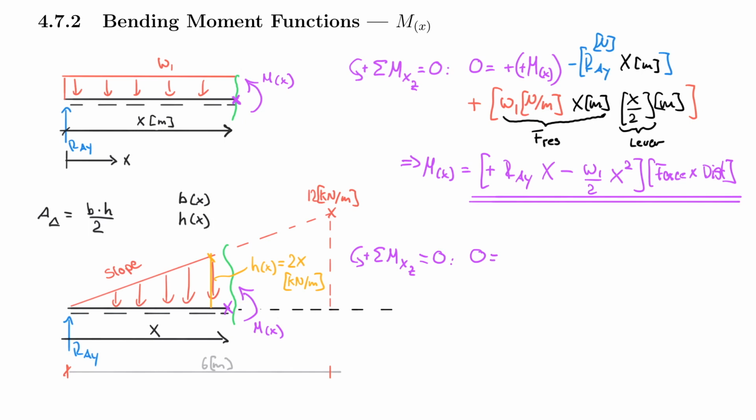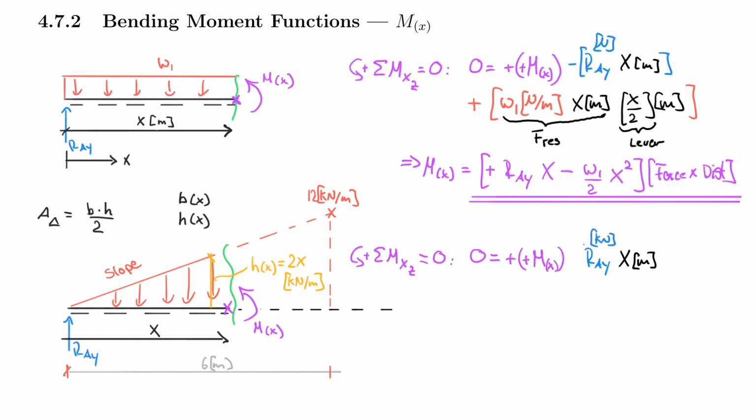I start with 0 is equal to my unknown plus positive defined M about x. And of course, once again, I have to include my Ray, so Ray multiplied by x in meters, and Ray we think in kilonewton here in this case.